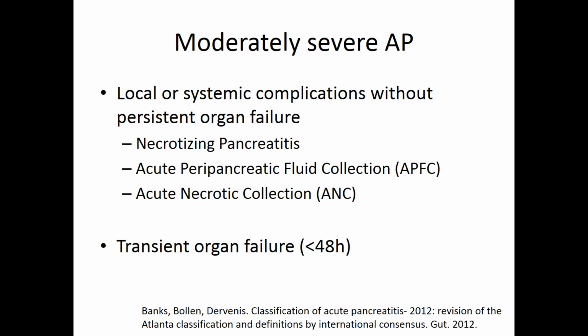Patients with just transient organ failure lasting less than 2 days without local complication will also be considered moderately severe. They have an evolution that's a little worse than mild acute pancreatitis, but better than severe.